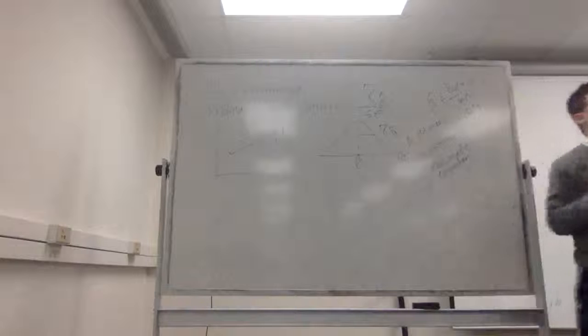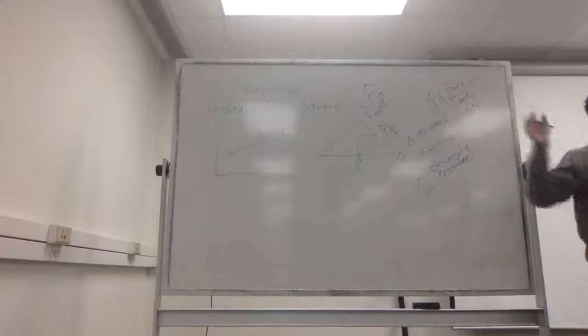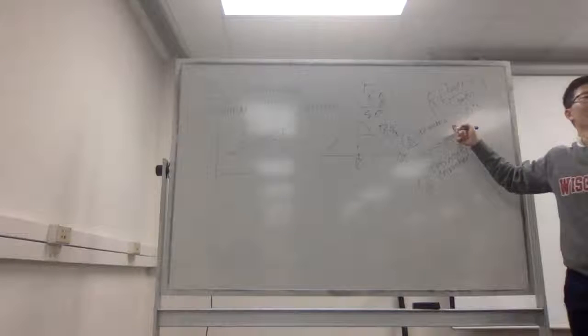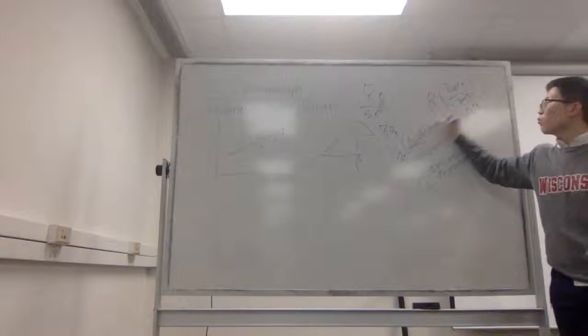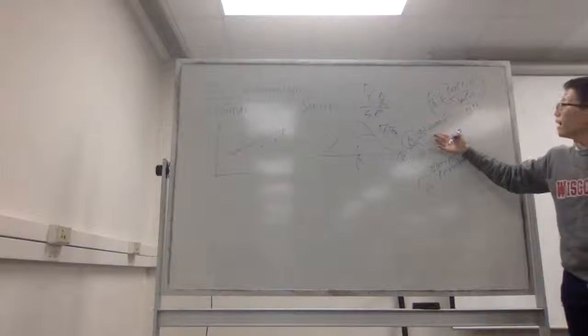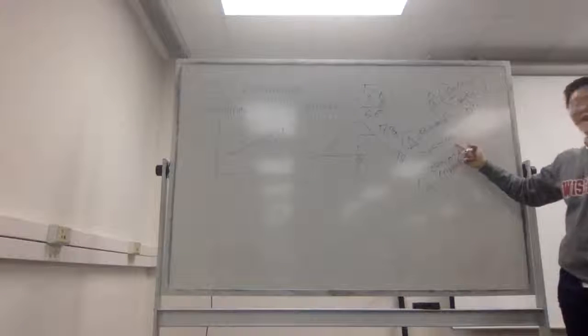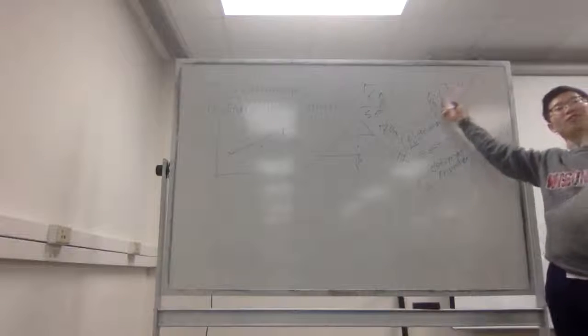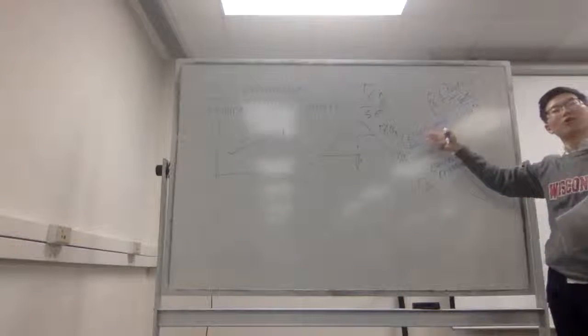This is beta 1. Sorry about that. Population coefficient is the estimand. This is what you want to get. And the estimator is the formula to get what you want.